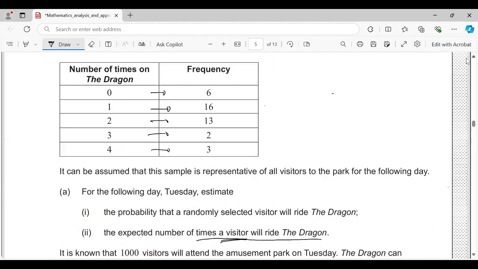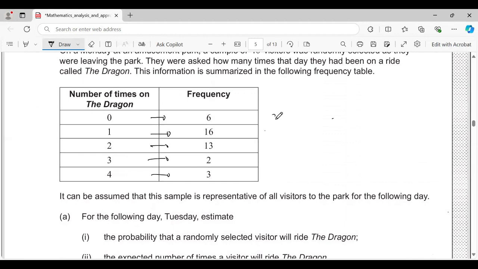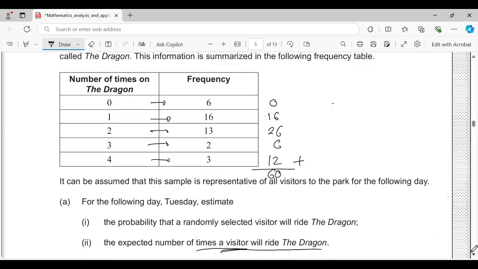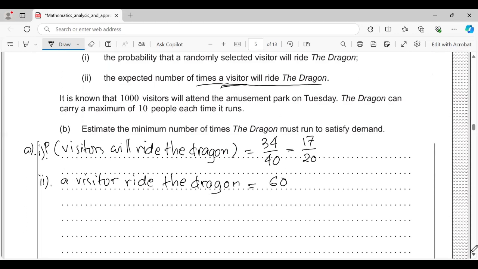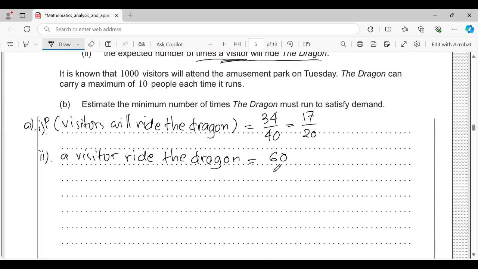60 because this is 0, this is 16, and 26, 6, and 12. If you calculate this, it becomes 60. So that's why the total number of rides on the Dragon equals 60.